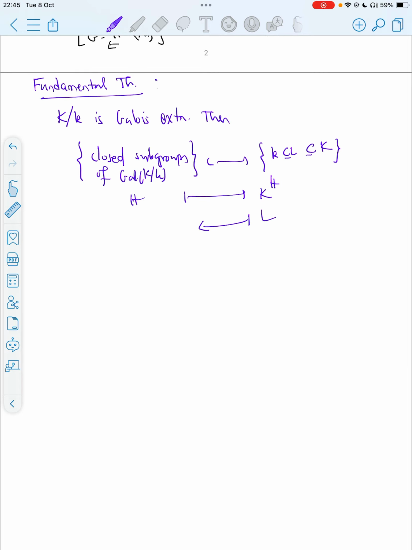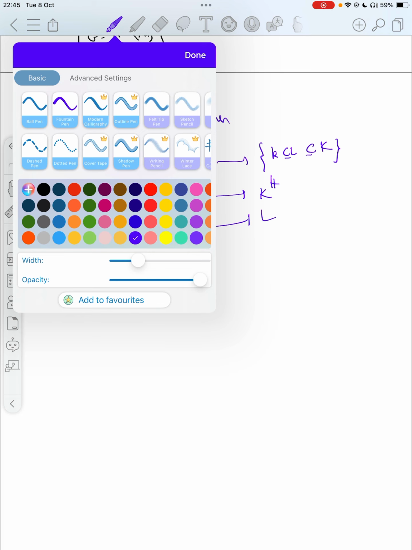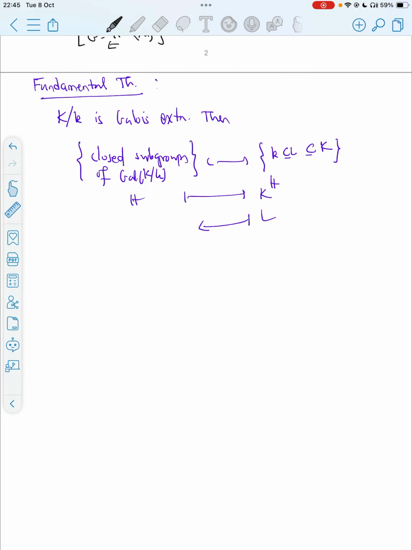And what you do is let me start with this claim, because we need to associate a closed subgroup. So claim, and maybe you can guess what the closed subgroup is. It's exactly the same.